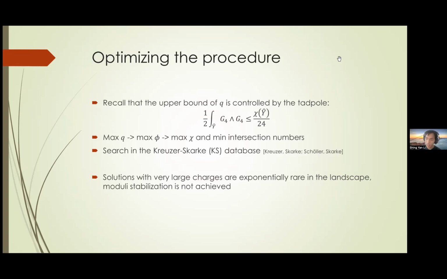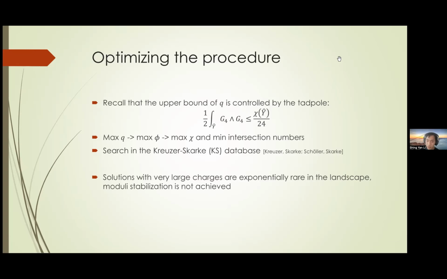But on the other hand, on the left-hand side, the integral of G4 wedge G4 looks something like phi squared times some intersection numbers in the geometry. So we also need to pick a gauge divisor geometry that has very small intersection numbers. Only when we do both things can we get the largest charge possible.